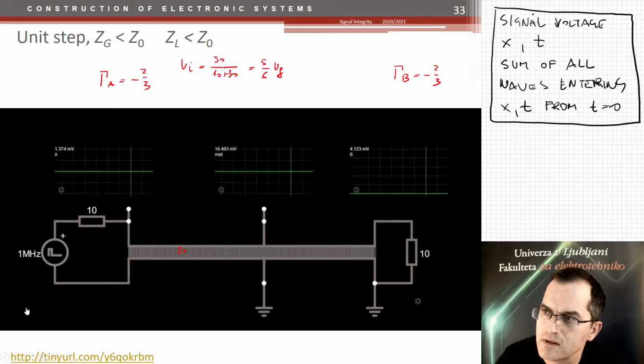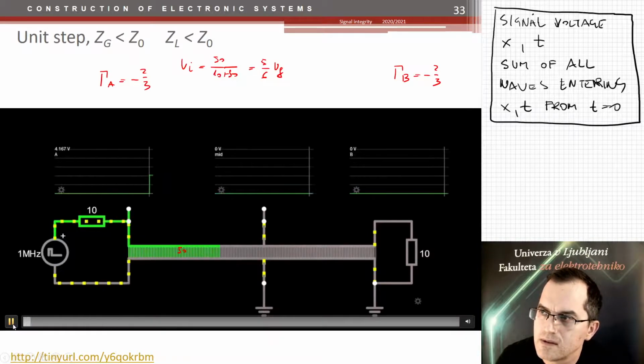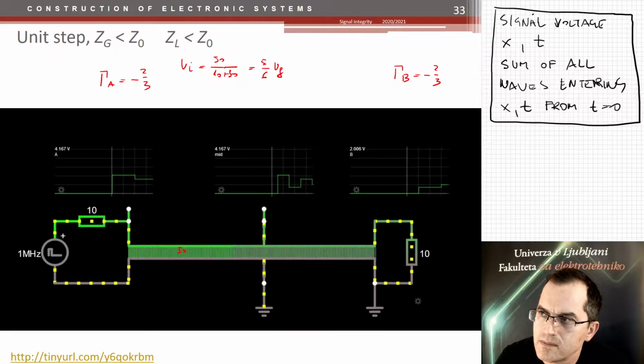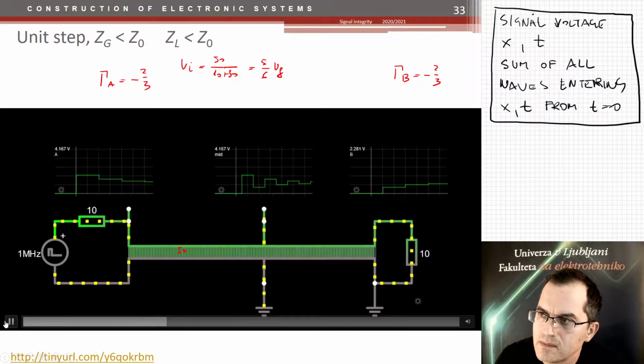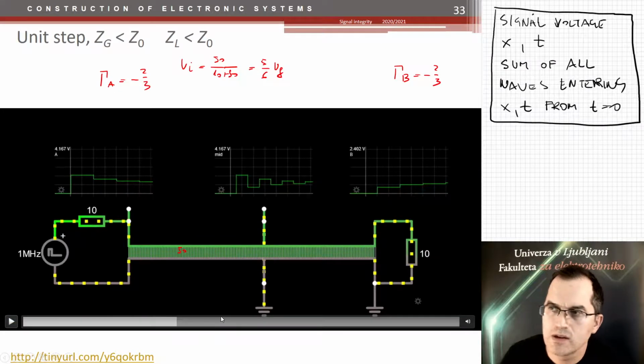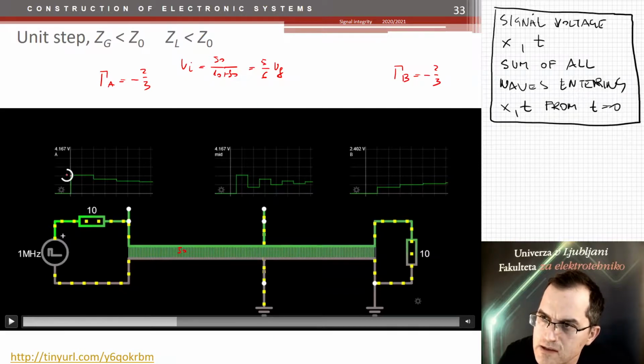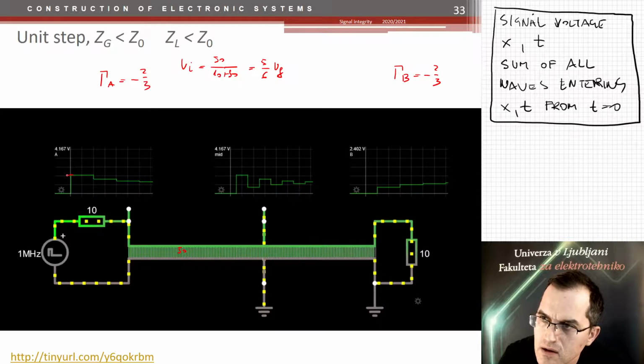So what you see here is we have negative reflections on both sides. The initial voltage is quite large. So the initial voltage 5/6 is traveling along the track.